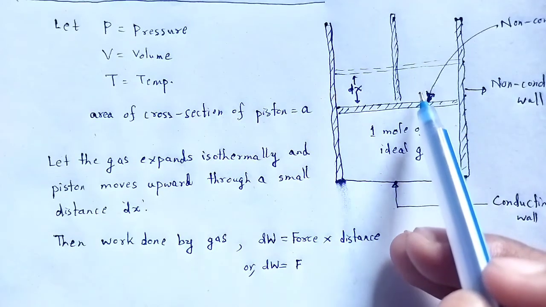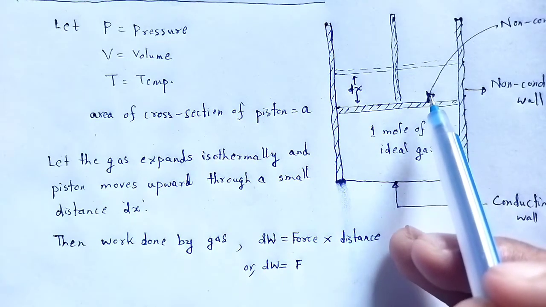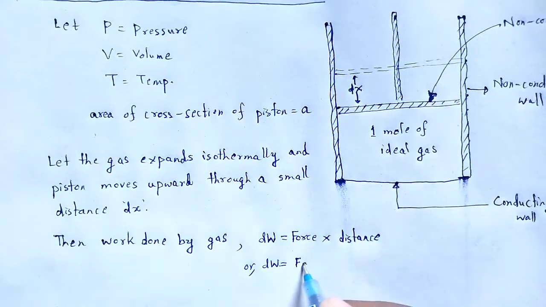Here the angle is 0 degree, cos 0 is equal to 1, so dW = F dx.